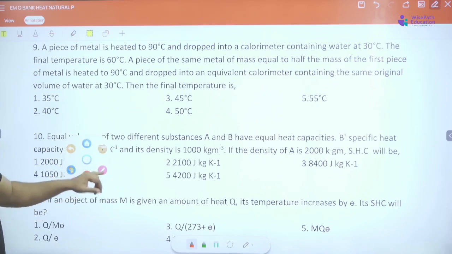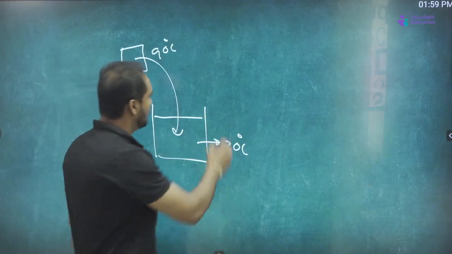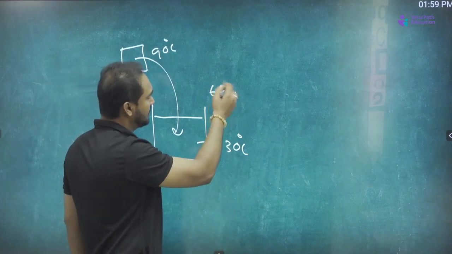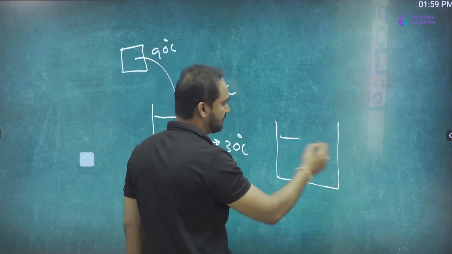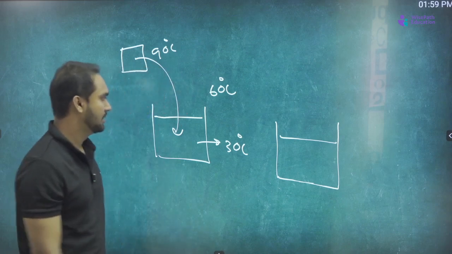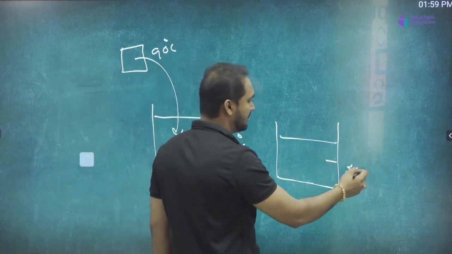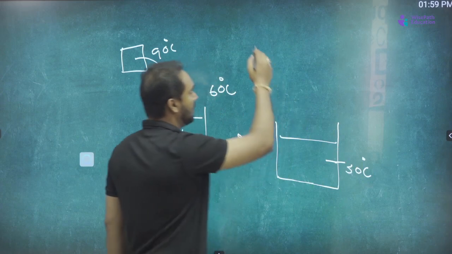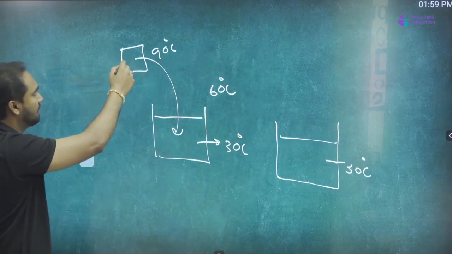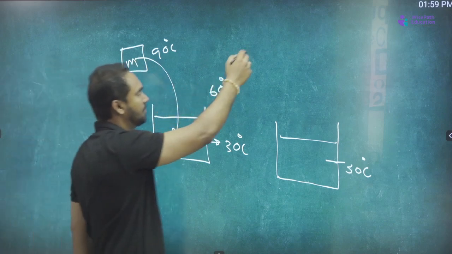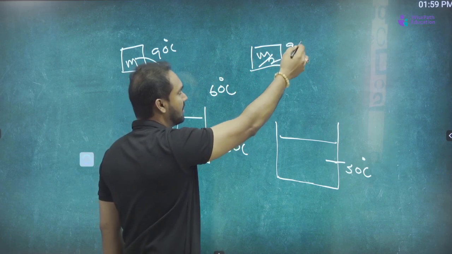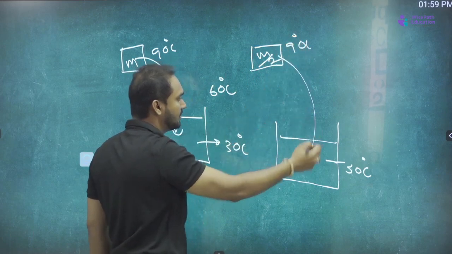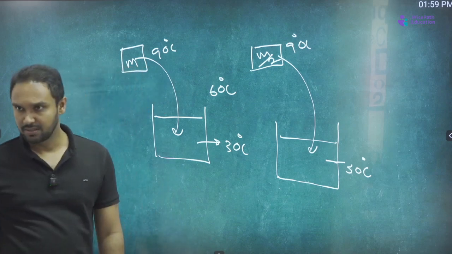So in the first case the temperature is 60 degrees Celsius, and another equivalent setup of calorimeter and water is again 30 degrees Celsius. But the mass of the metal is half, that means m over 2, heated again to 90 degrees Celsius and dropped onto the water.